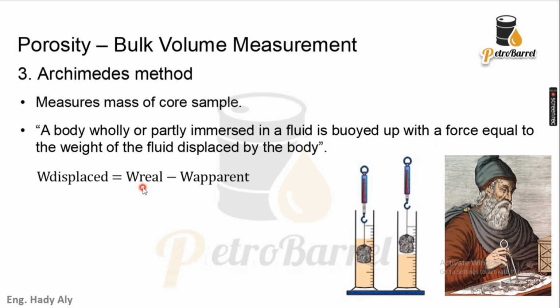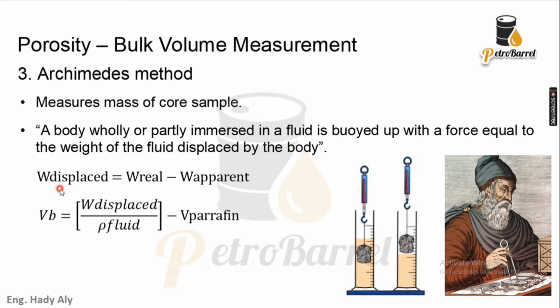Simply, the real weight is the weight of this shape in air. For example, I have a stone of 2 kilograms, and when I put it inside the water and measure the weight of this stone, it gives me 1.5 kilograms, for example. So the difference between real weight and apparent weight gives me the displaced weight.